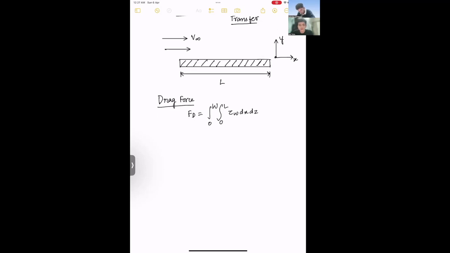In our case, tau w is equal to the interface flux pi yx. Tau w is our shear stress. Basically, interface flux is equal to molecular flux at the interface plus convective flux at the interface, which can be denoted by pi yx equals tau yx plus rho vx into vy.